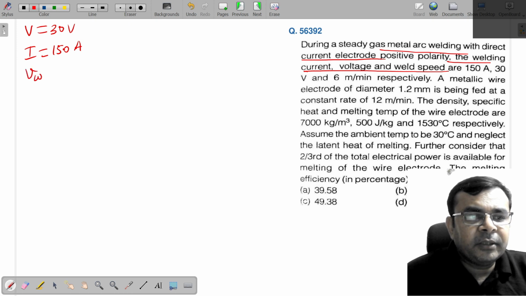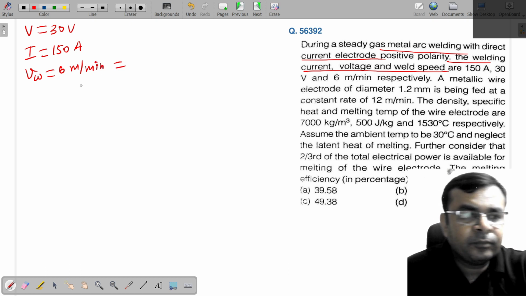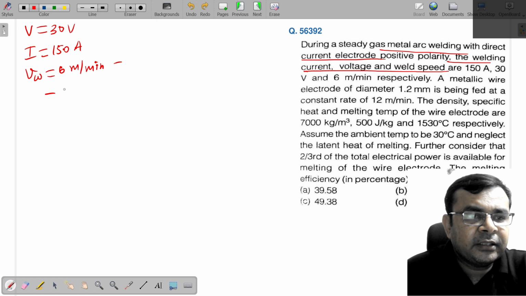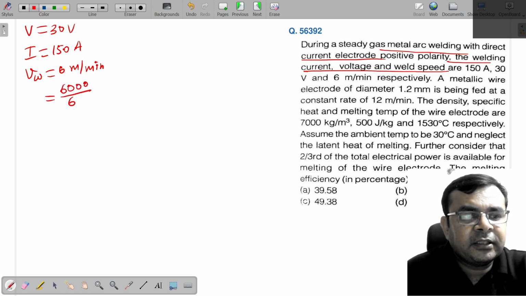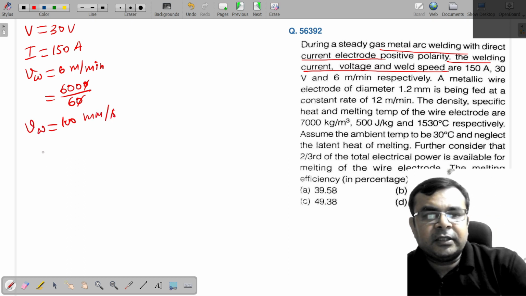And the welding speed is also given, that is 6 meter per minute, or this can also be written as 6000 by 60, so it becomes 100 millimeter per second. This is very fast welding.